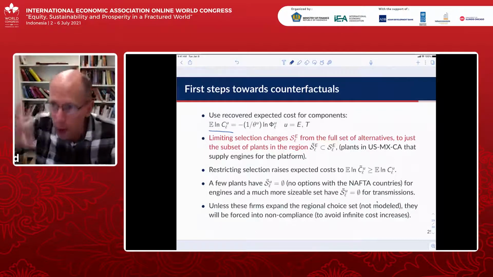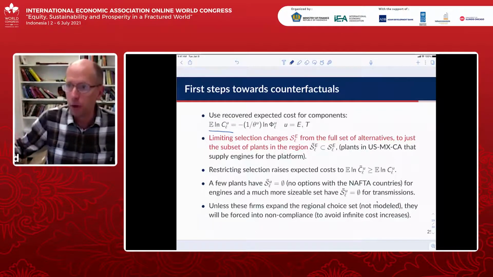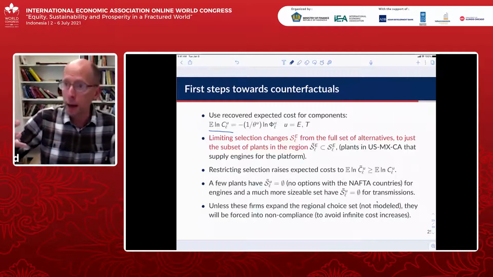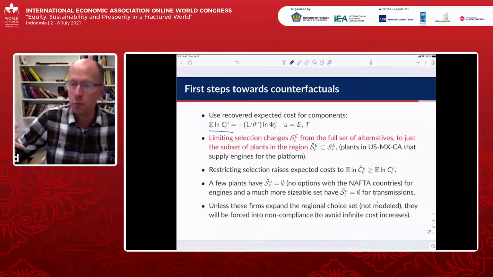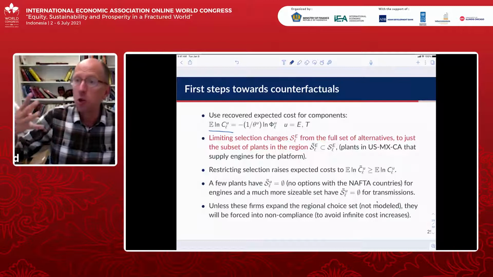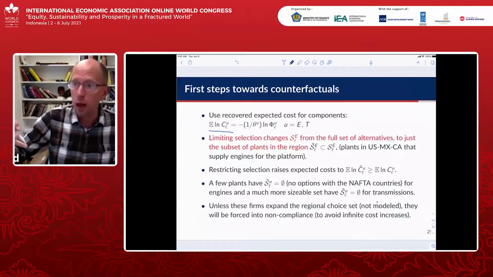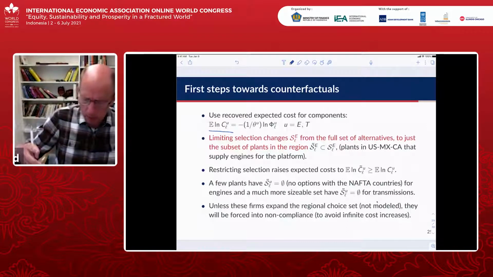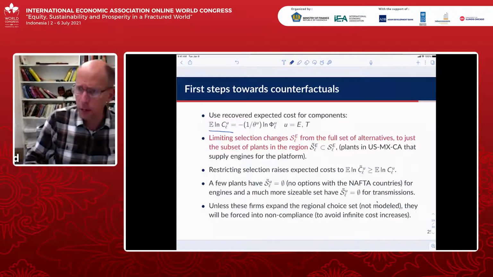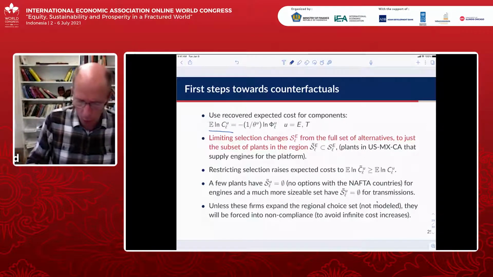And so we do that for every plant, every vehicle, and find out what are the expected log costs of engines and transmissions if they use this restricted choice set that the new NAFTA imposes. And then we're able to say, all right, how big a penalty does that impose on your overall costs?